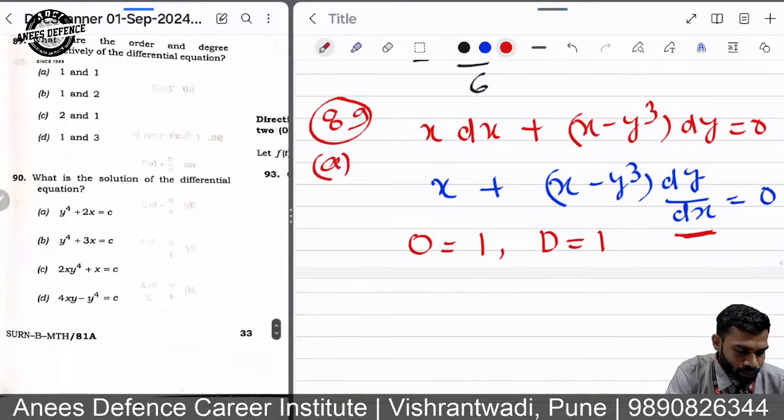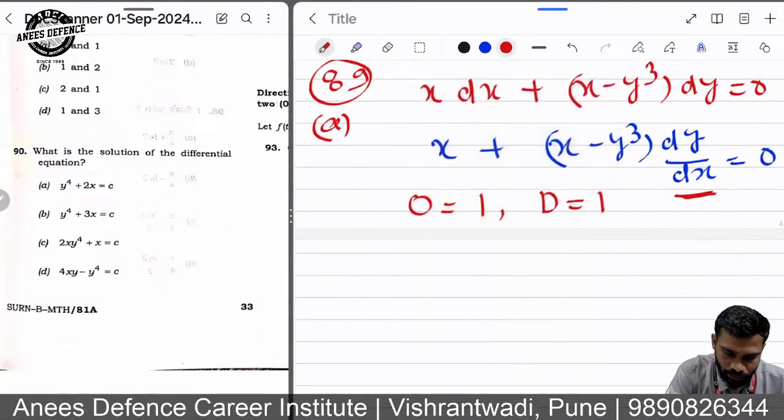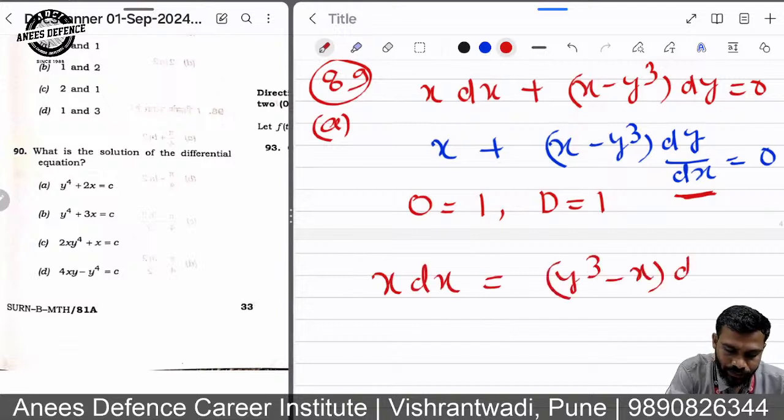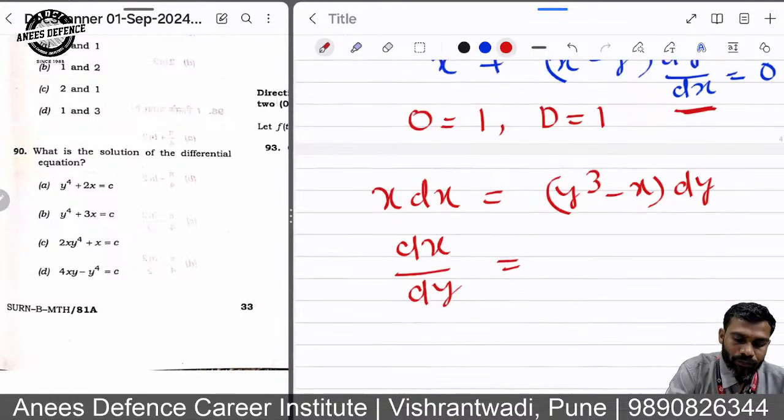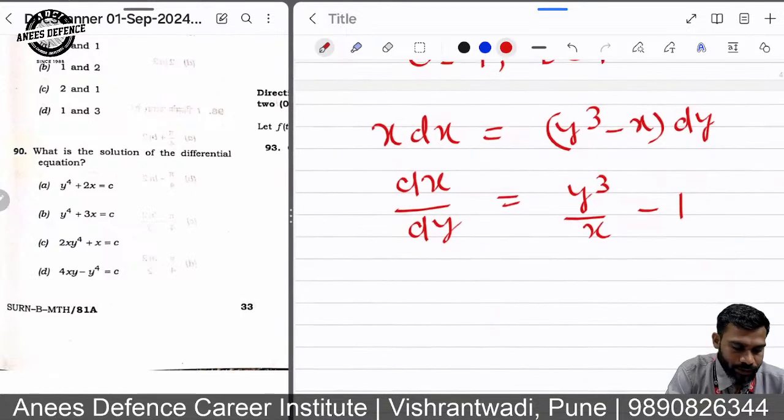Now we need to solve this differential equation. So what we can do, x dx is equal to y cube minus x dy, right? So dx over dy will be equal to y cube by x minus 1, right?